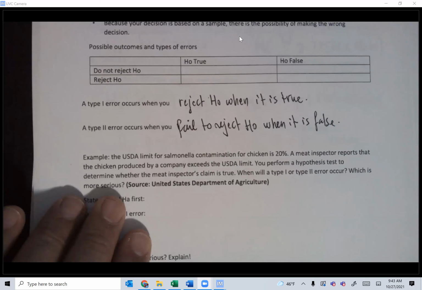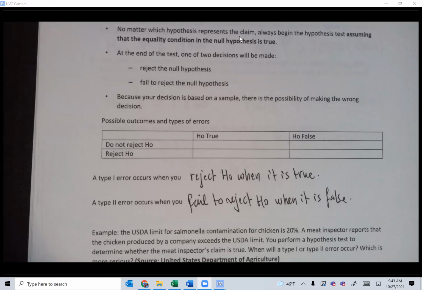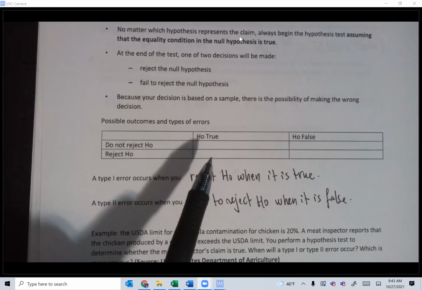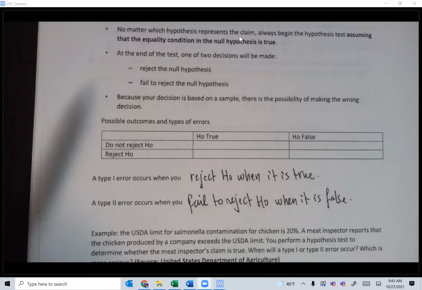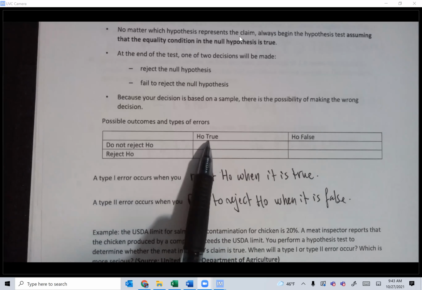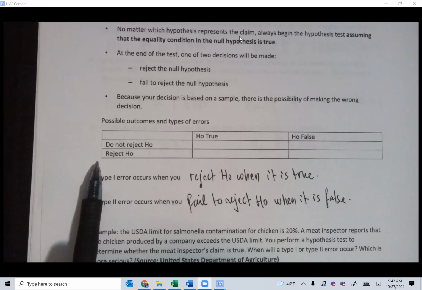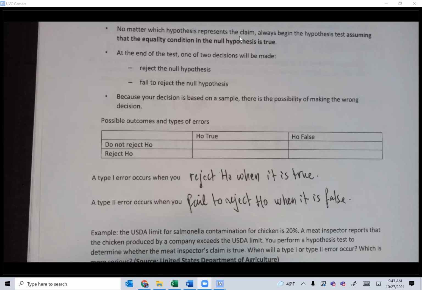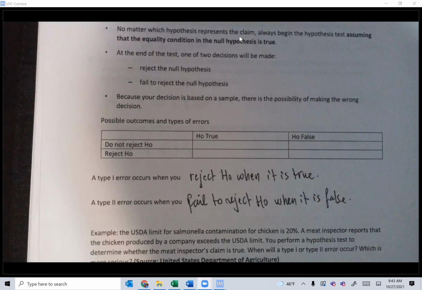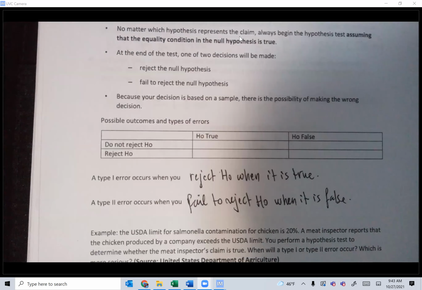So I'm gonna come back to this table, guys, and I need your help with this one. Tell me if we make a correct decision or a wrong decision here. If H0 is true, let's assume it is true, and we don't reject it. Did we make a correct decision or a wrong decision? So H0 is true, and we don't reject it.